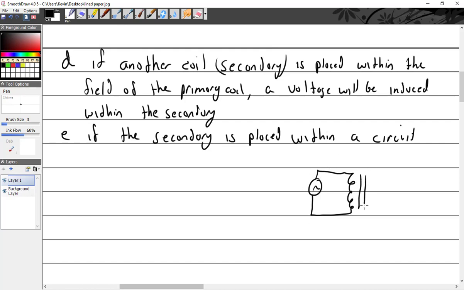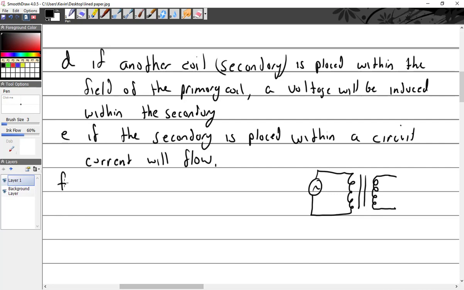So I put my soft iron core. I've got my secondary. Is my secondary within a circuit? No, it is not. And this says if the secondary is placed within a circuit, which it's not right there, current will flow. Which is also to say if the secondary is not placed within a circuit, will current flow in the secondary side? No. Why not? Because there's nothing to flow through.